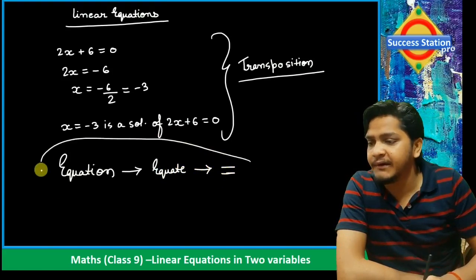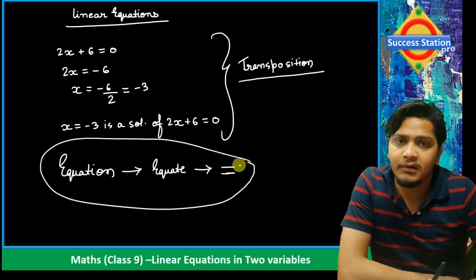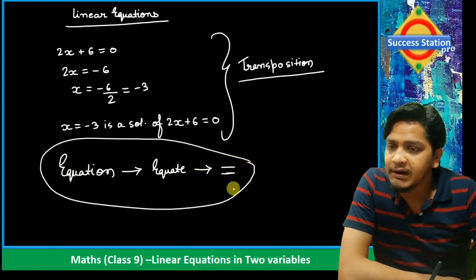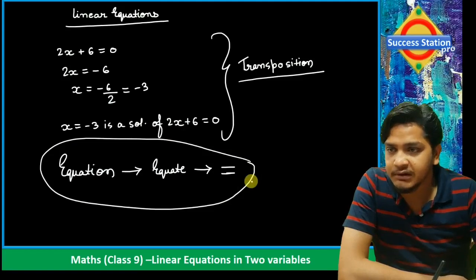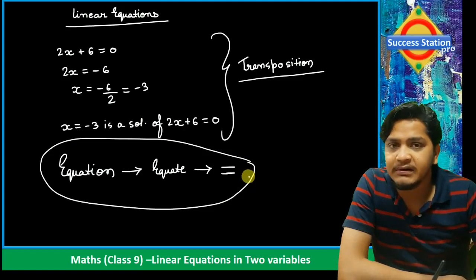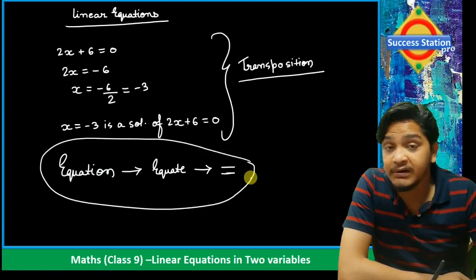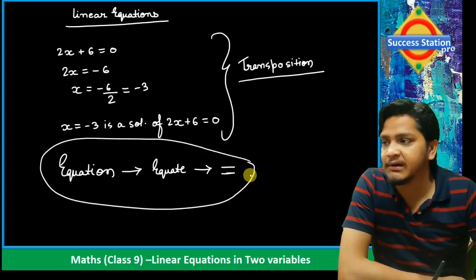So if the polynomial has the equal to sign with it, the expression is equal to something, then it becomes an equation. Only the equation. Now why linear?